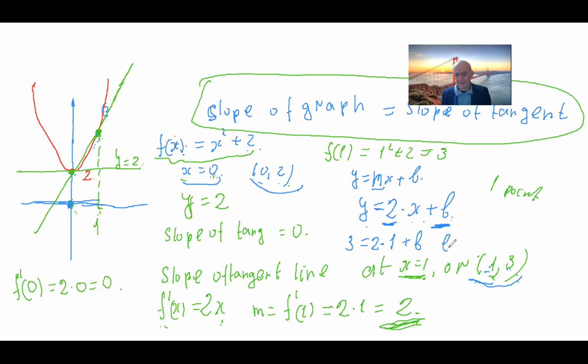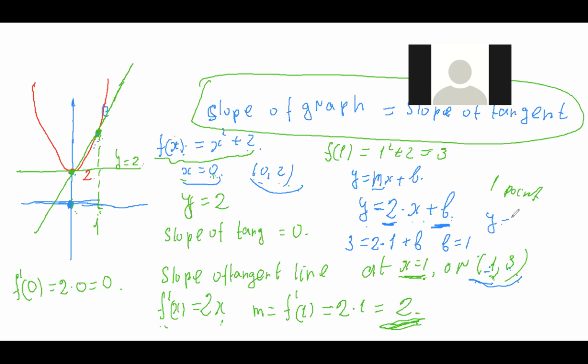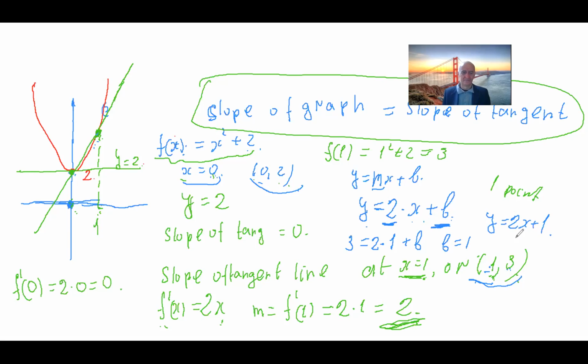And from here, b equals 1. And finally, I can write down the equation of the tangent line: y equals 2 times x plus 1. Any questions?